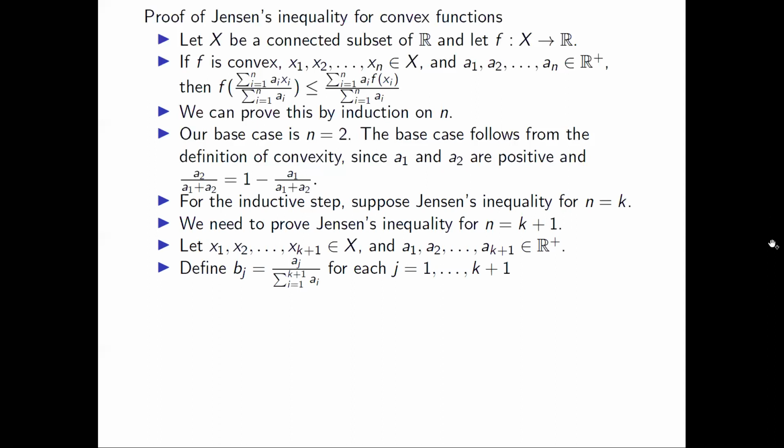So we're going to define these other numbers, bj, and they'll be equal to aj divided by the sum from i equals 1 to k plus 1 of ai. So by definition, the sum of the bj's is equal to 1.